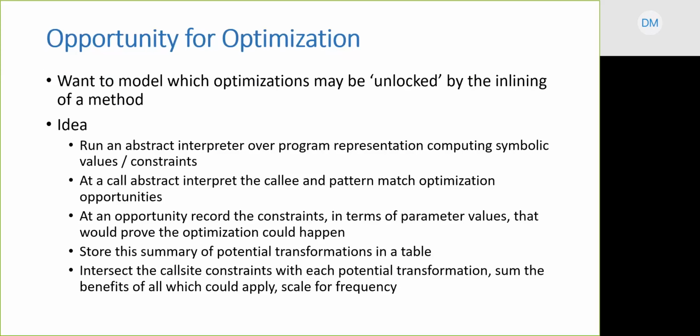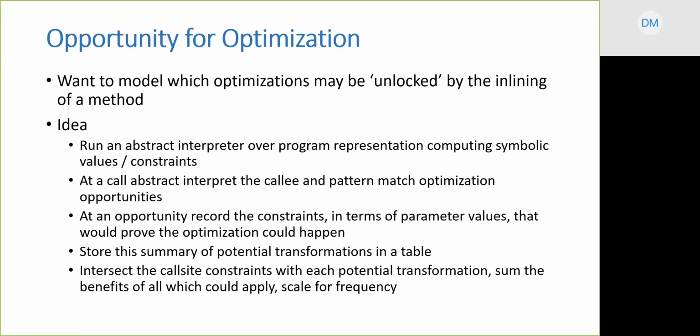You can intersect that set of constraints with the constraints for each potential optimization, and where it unifies and matches and the constraints in the table are satisfied, you can take those optimizations, and those have the potential for occurring. We store a benefit metric with each of those potential optimizations, which I'll cover, so you can add those together, multiply them by the scaling factor, and you get the benefit of inlining that particular method at that site.